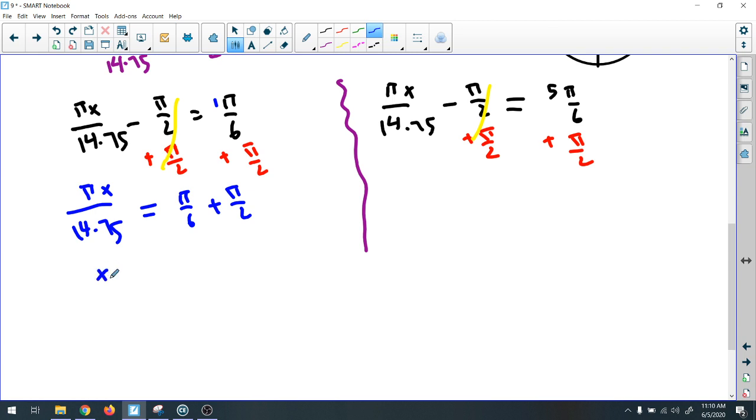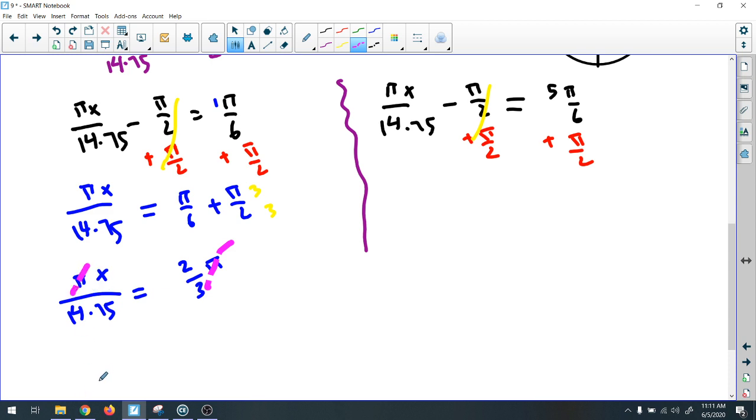So pi x over 14.75 equals 2/3 pi. Pi cancels out from left and right.